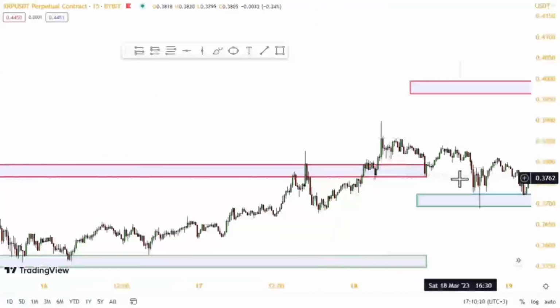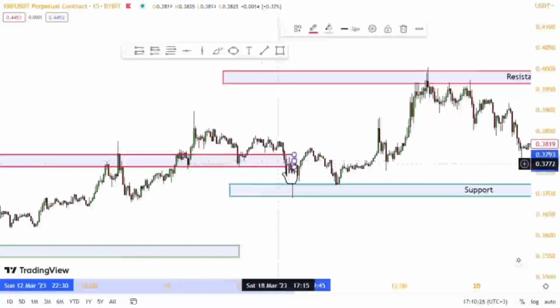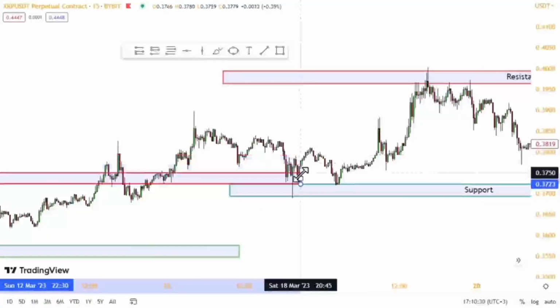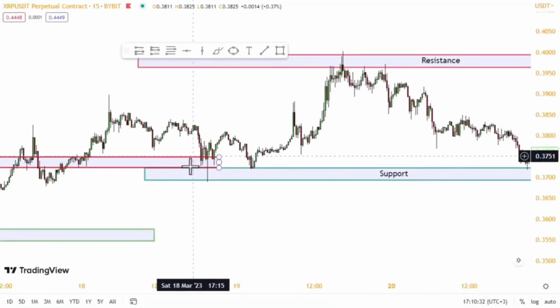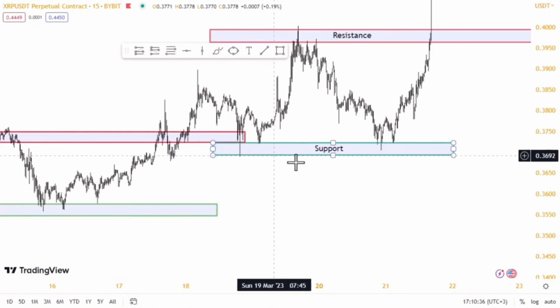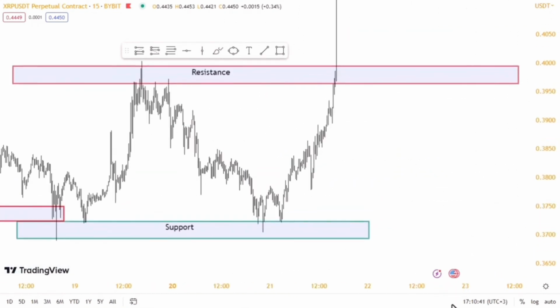Now we are expecting this previous resistance area, after the breakout, to become a new support level, which I'm going to talk about a lot in the future, because we're going to base a lot of our trading strategies on these support and resistance areas, supply and demand areas.